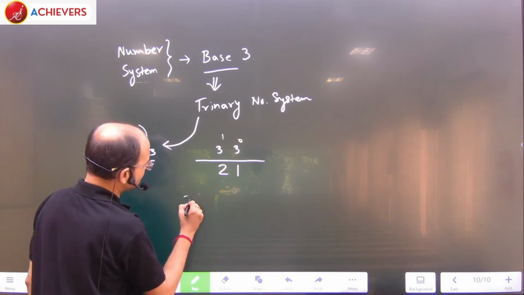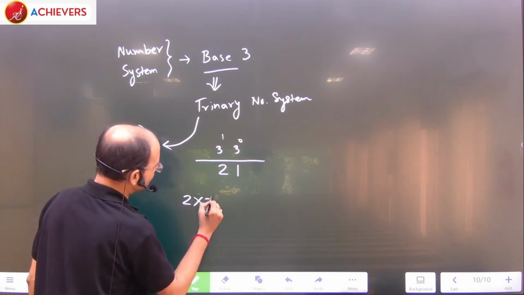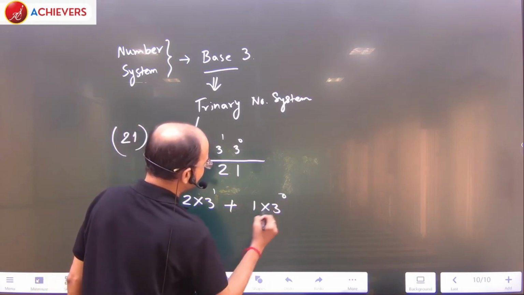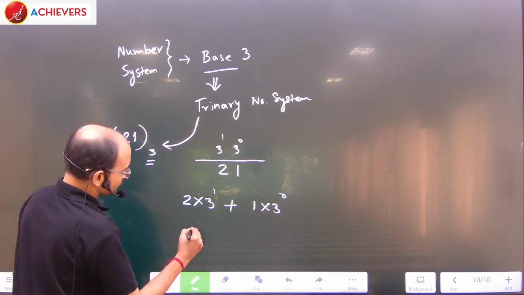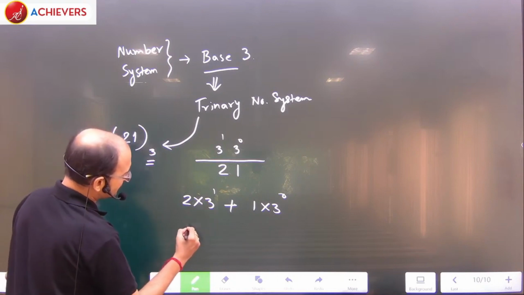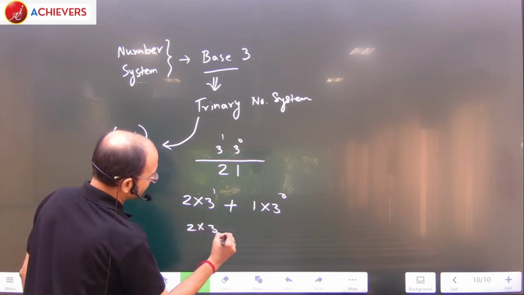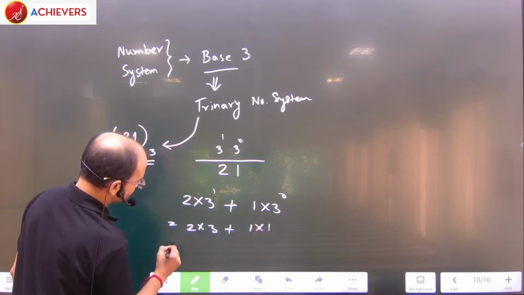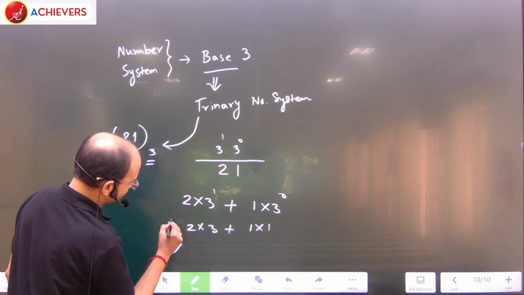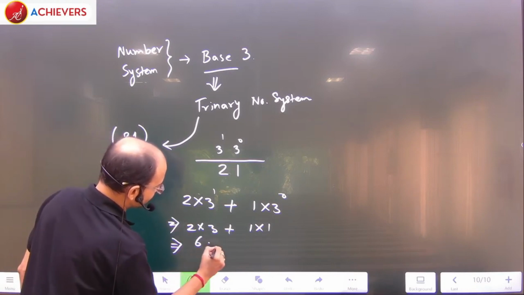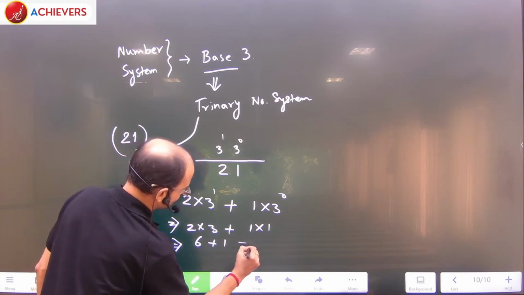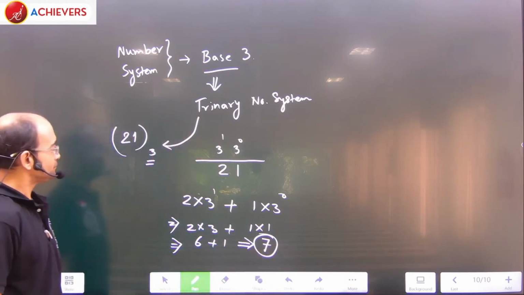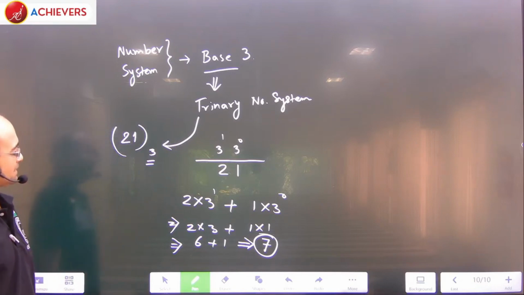So this will be represented as 2 into 3 to the power 1 plus 1 into 3 to the power 0. So 2 into 3 to the power 1 is 2 into 3, plus 1 into 1. So this is 6 plus 1, which provides us with the value 7. As simple as that.